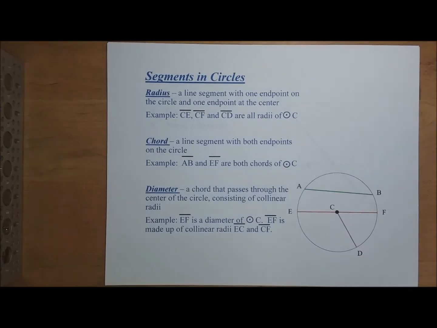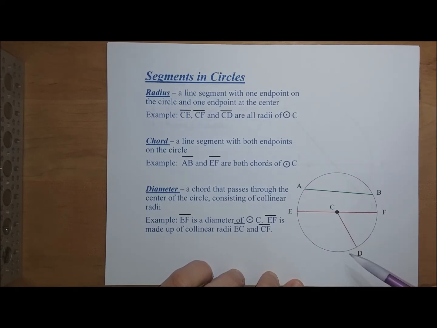All right, here's a visual to give you a little better idea of our main segments in circles that we're going to be talking about. A radius. And in this particular example here, we've got CE and CF and CD that are all radii of this circle. And it should be noted that, in the past when we've done proofs, we've sometimes drawn auxiliary lines.